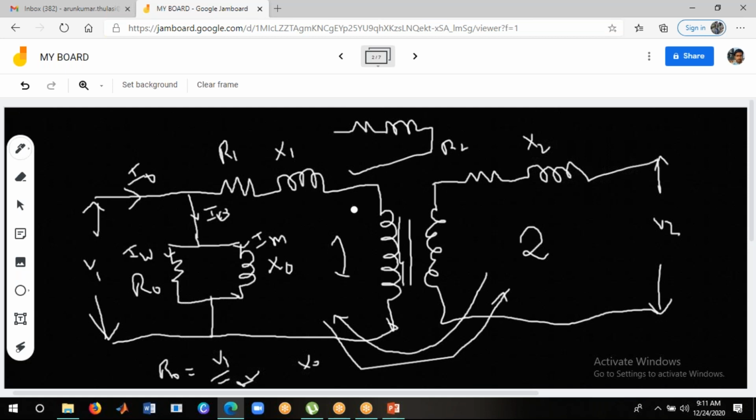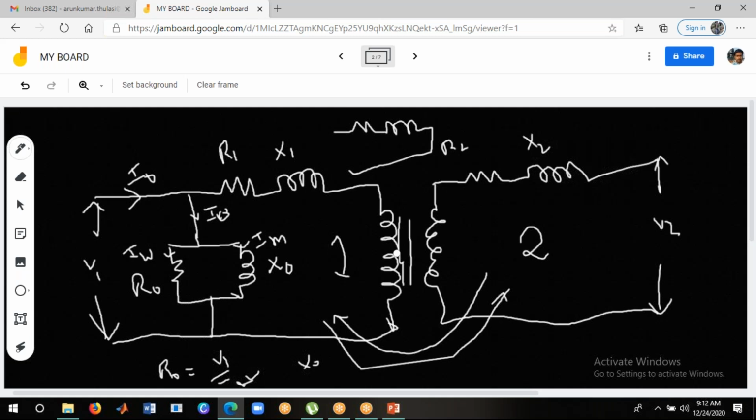Equivalent circuit means we are going to reduce the circuit, because in the original circuit we can't find the total resistance and total reactance. So we need to simplify the circuit, by reducing it.